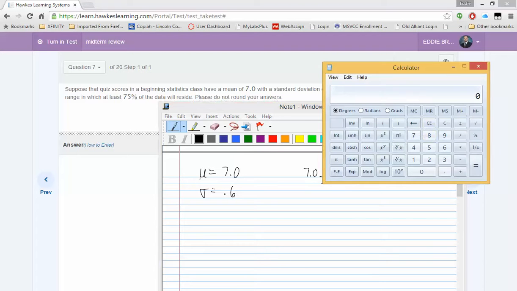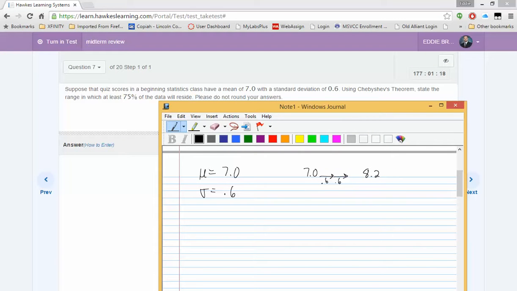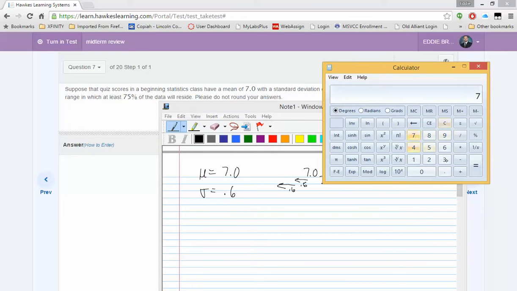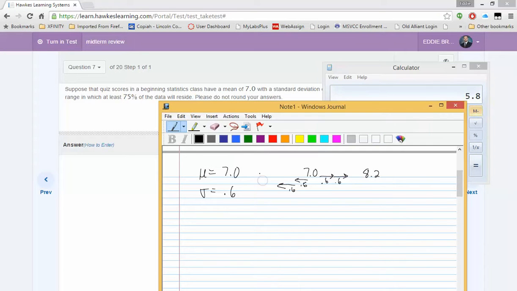So 7.0 plus 0.6 plus 0.6, and the larger number of the range is 8.2. Within 2 standard deviations of the mean means either above or below, so we go 0.6 and 0.6 again in the other direction: 7.0 minus 0.6 minus 0.6 is 5.8. The lower boundary is 5.8.